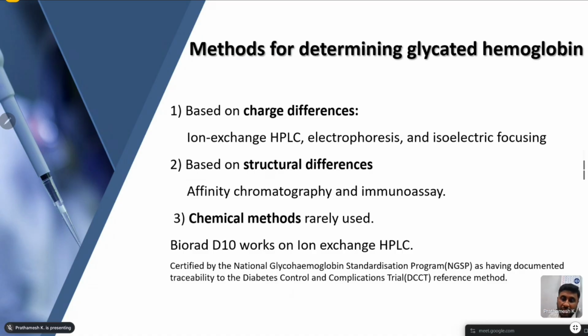When I was a postgraduate student, we did HbA1c by chemical methods. It's completely obsolete now. The Bio-Rad D10 works on the ion exchange HPLC method, to be more specific, cation exchange HPLC. The HPLCs running in the market giving you the HbA1c test use the principle of cation exchange HPLC.